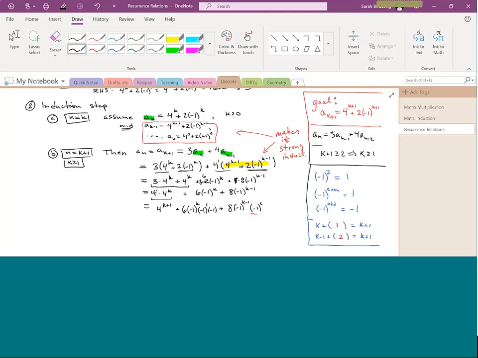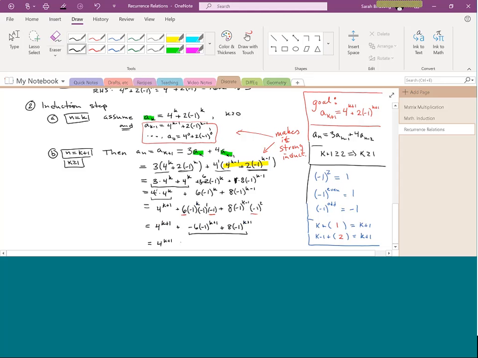With that new -1, we're going to group it with the coefficient. That's the fancy part. So putting this all together, we'll have 4 raised to the k plus 1. We'll then have -6 times -1 raised to the k plus 1, plus 8 times -1 raised to the k plus 1. Those two will combine.